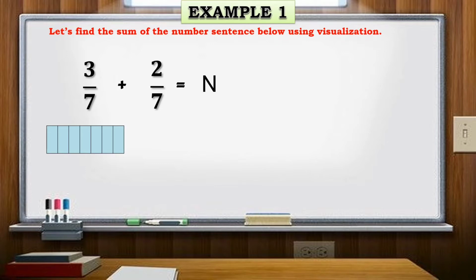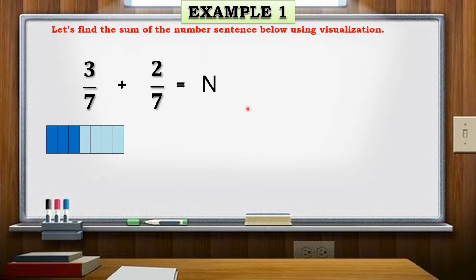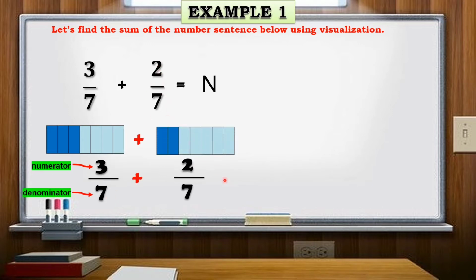Look at the illustration. 3/7 means 3 parts out of 7 equal parts are shaded. 3 is our numerator and 7 is our denominator. Next, we have 2/7. The illustration shows that 2 parts out of 7 equal parts are shaded.